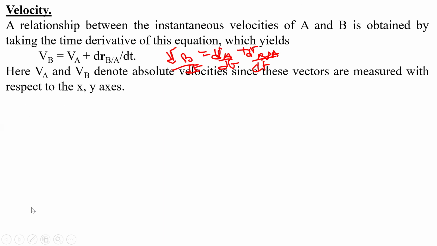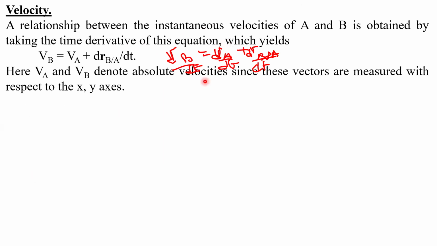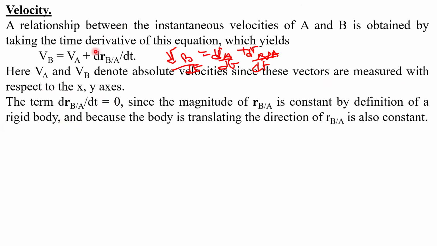Here VA and VB denote the absolute velocities, since these vectors are measured with respect to the x and y axis. And then the term d(R of B with respect to A)/dt is equal to 0, since the magnitude of R of B with respect to A is constant by definition of a rigid body.